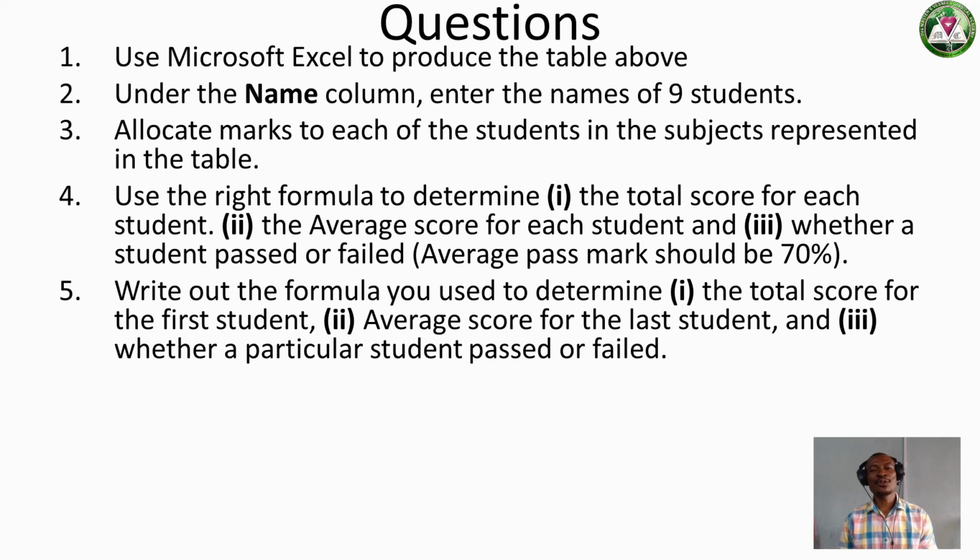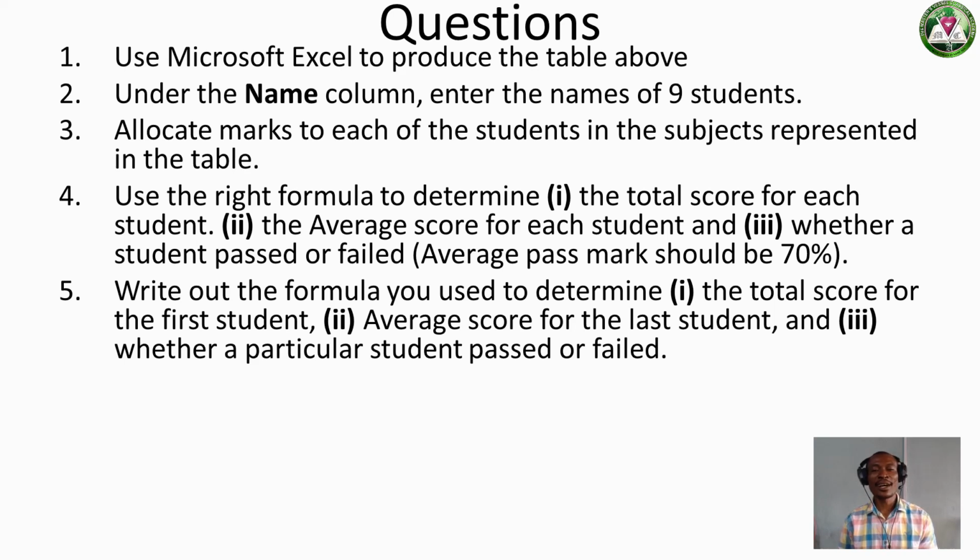Now I want you to use average pass mark as 70. So that means any student that will score in his or her average 70 and above, that is the person in your remark that should carry pass. Else, the person will have failed there. Number 5.